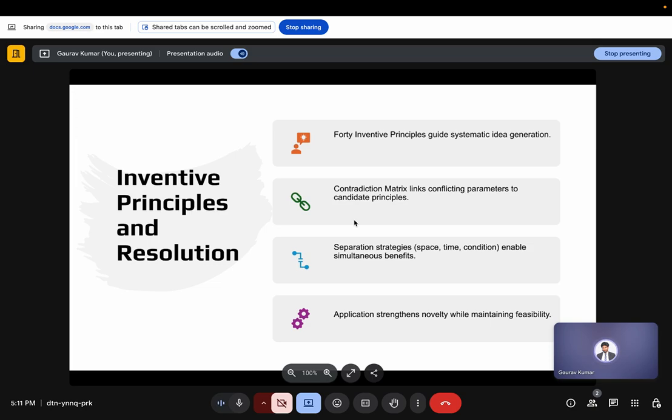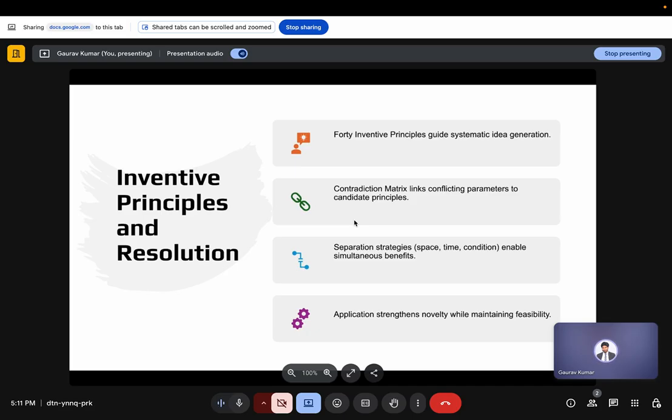To tackle physical contradictions, TRIZ recommends separation strategies. In space, time, conditions, or at the system level, these allow mutually exclusive requirements to coexist, such as creating materials that are rigid under load but flexible during operation.